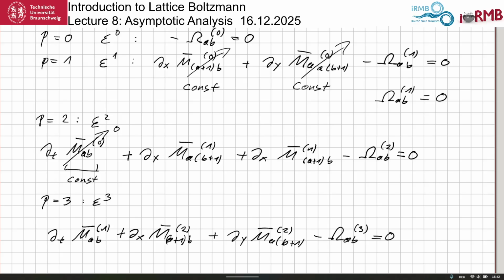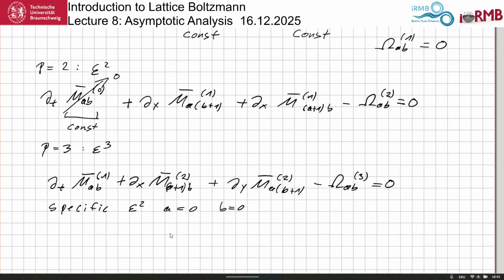Okay, now we can be a little bit more specific. Now we have 3 parameters. We have the parameter p equal to 3, we have a and b, right? Now we can also decide on a and b. So we say specifically epsilon squared and a equal to 0 and b equal to 0. Yeah? What will we see?